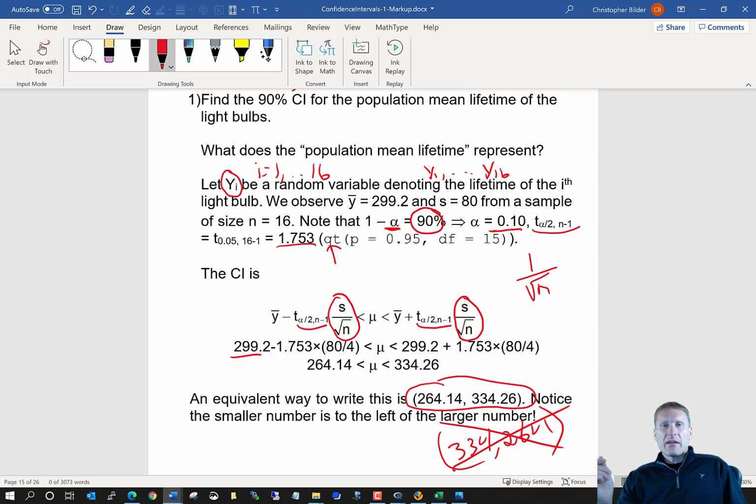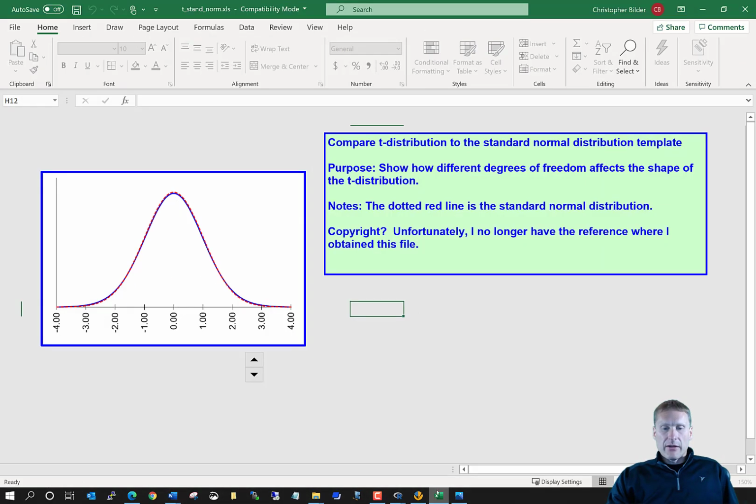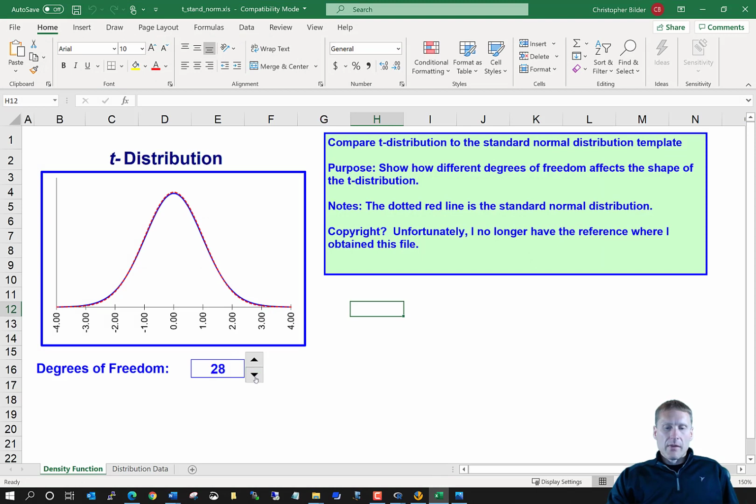Now remember, as the degrees of freedom for the t distribution increases, t becomes increasingly more like a standard normal. We can take a look at this file here.